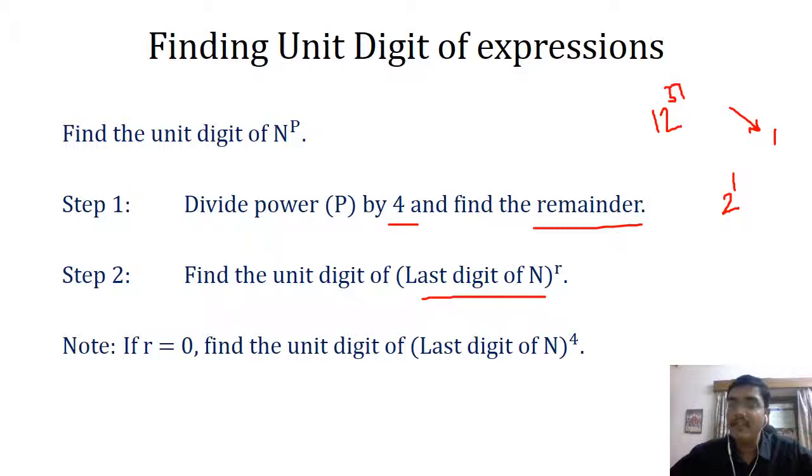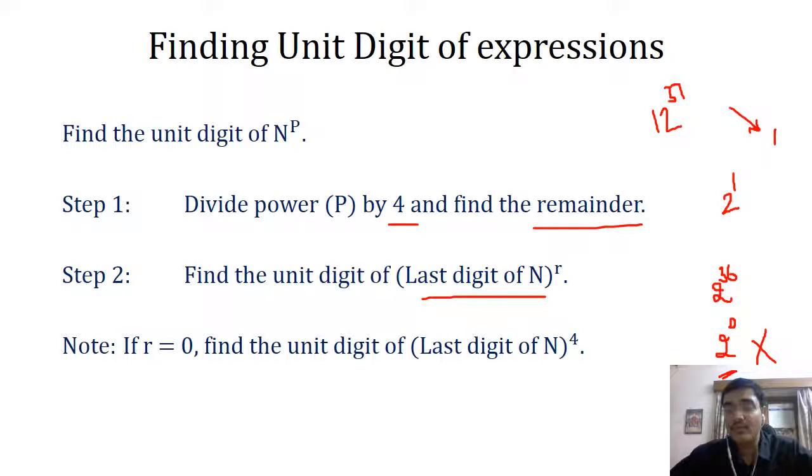If in case you get r equals 0, for example if we had 2 to power 36, then you will get r equals 0. Keep in mind, you do not have to find 2 to power 0. This would give you a wrong answer because it would end in 1, and we cannot have a unit digit 1 in any case.